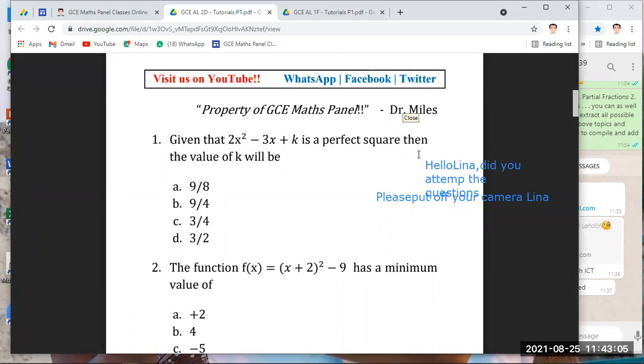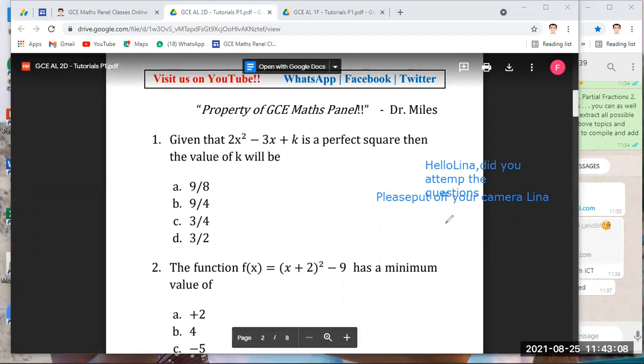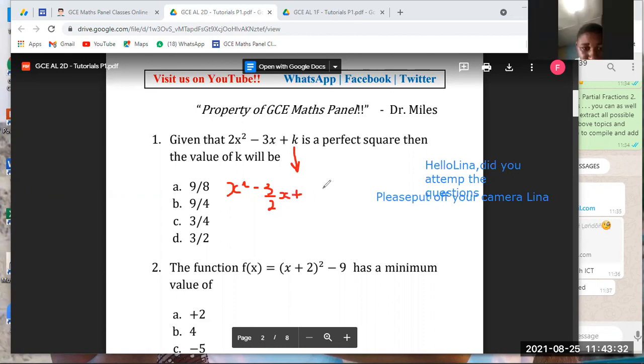All right, Lina, welcome back. So we are about answering this question. For us to have this value of k here, this is what we do. We first of all divide all through by 2, such that we'll have x squared minus 3 on 2x plus half k. A certain number here, k, which is what we are looking for. At this point, for us to have this as a perfect square, this number here is given by, we take a half of this minus 3 on 2, and we square it.